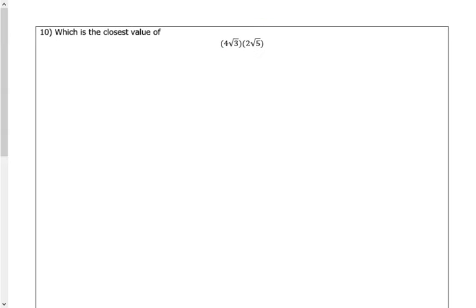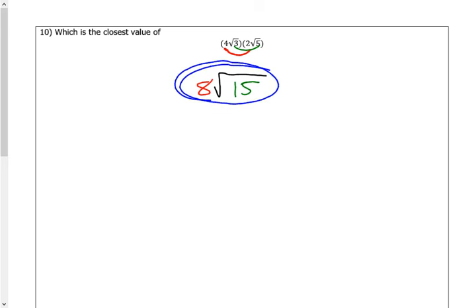Now, when you multiply radicals, you multiply the outside numbers, leave the root alone, and then you multiply the inside numbers. And then I look, does square root of 15 simplify? It does not. And there's my answer. Do not use your calculator and get a decimal. We want these in simplest form.